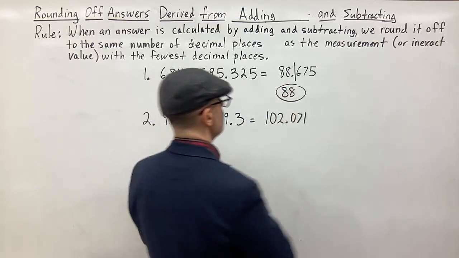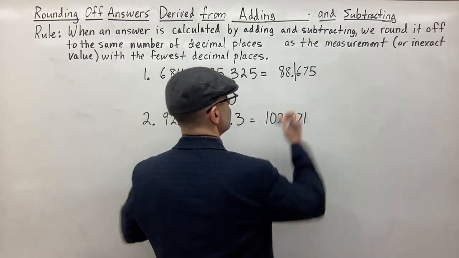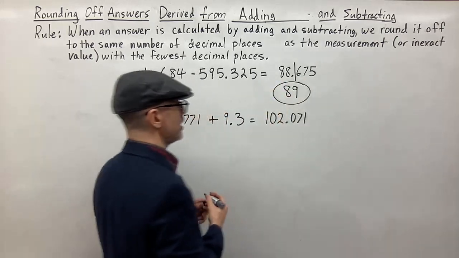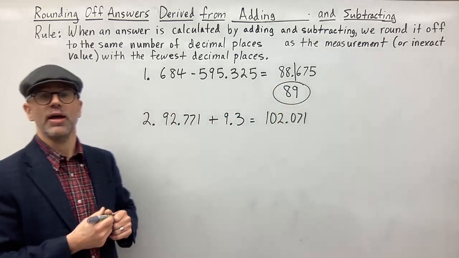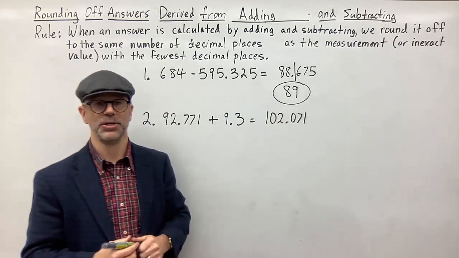So this should be an 89. Let's change that to an 89. So 89 would be the official answer or measurement that you can record from your answer.